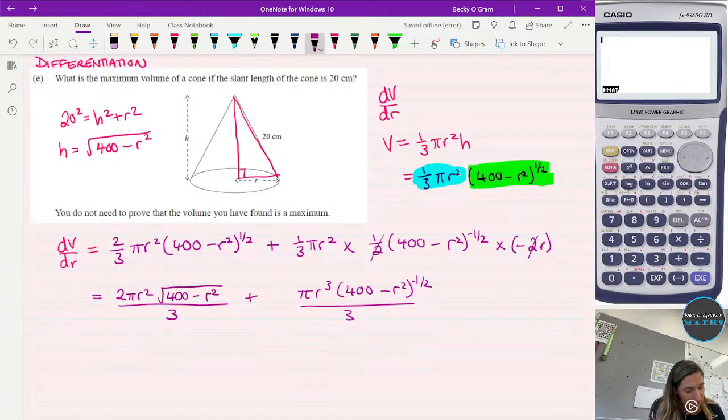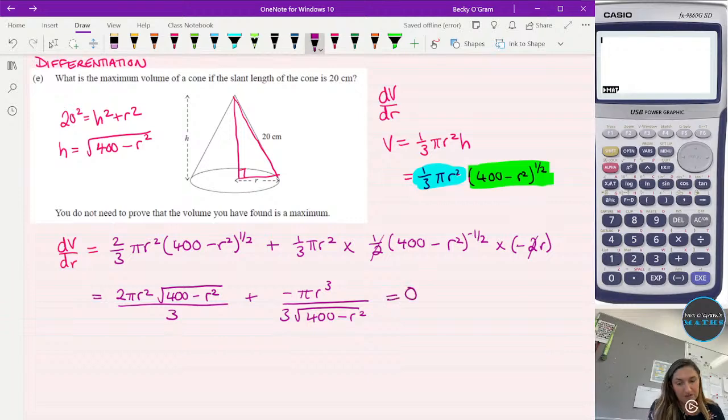But that (400 minus r squared) to the minus 1/2, well, minus 1/2 is to square root it and put it on the bottom because it was a minus 1/2. Okay, so it's going to look like this. I'm going to rewrite it a bit better. So that would be all over 3 root 400 minus r squared. And one thing I've forgotten is the negative that was just here means we've got a negative there.